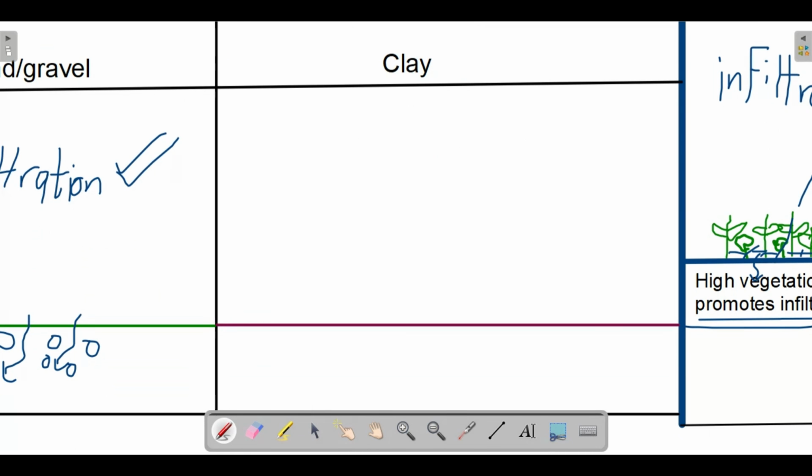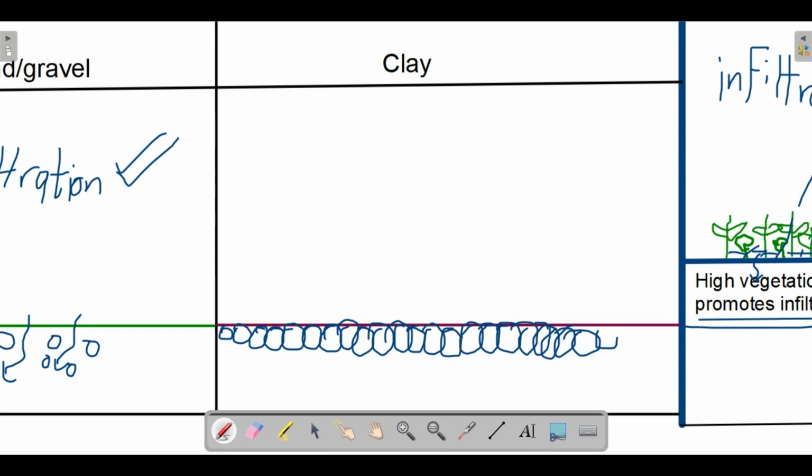So it cannot store water, it cannot allow water to pass through, because it is made up of densely stacked particles that do not allow, there's no space, or there's very little space, for any water particles to pass through. Because it is less permeable, that means it does not promote infiltration.